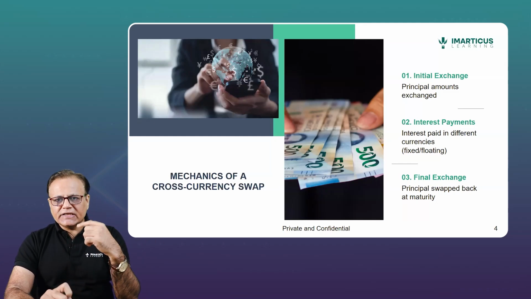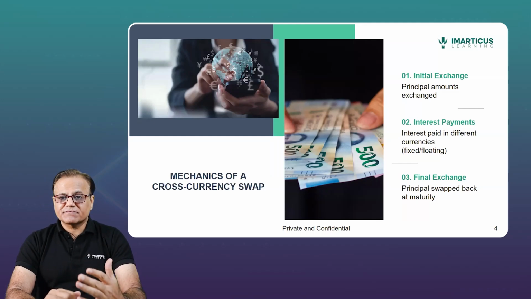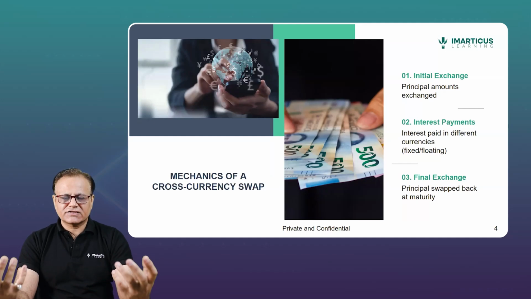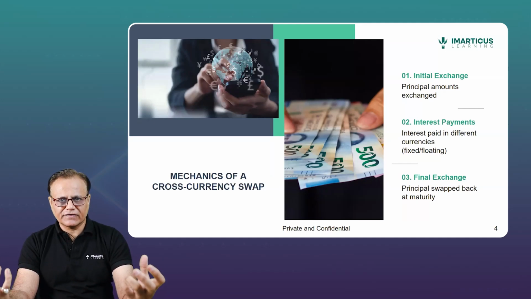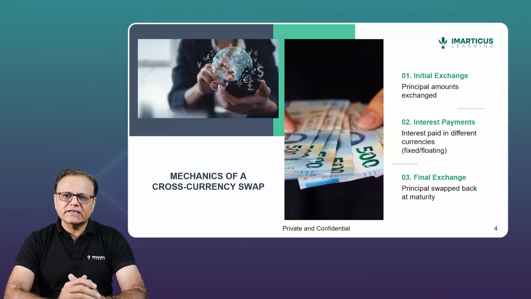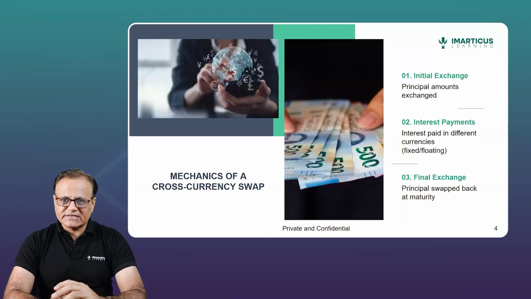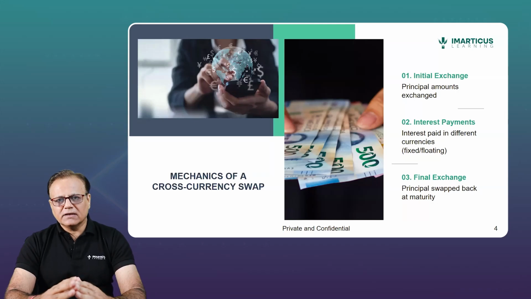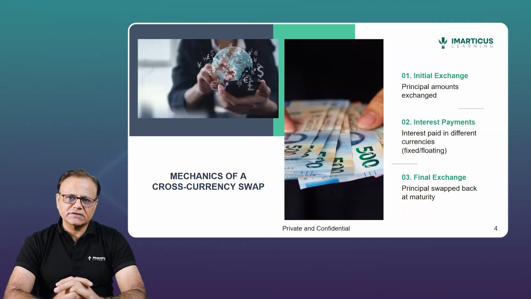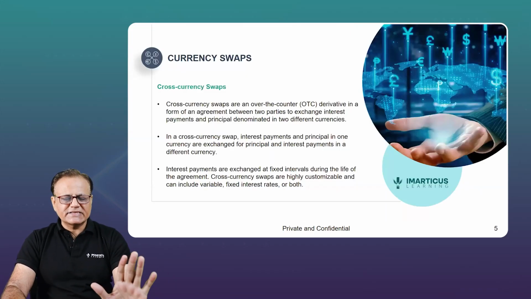In this entire ensuing period, there will be periodic interest payments as well, because the principals are exchanged, some sort of a loan, or people are using those funds. Which means that there has to be an interest element to it. So there will be periodic interest payments as well, which again are exchanged. And finally, at the end of the swap, the agreed period or the maturity of the swap, the principals will be swapped back. So that's basically the mechanics.